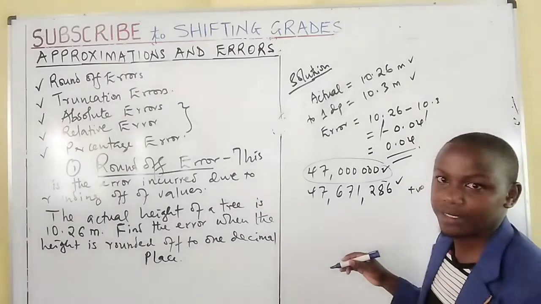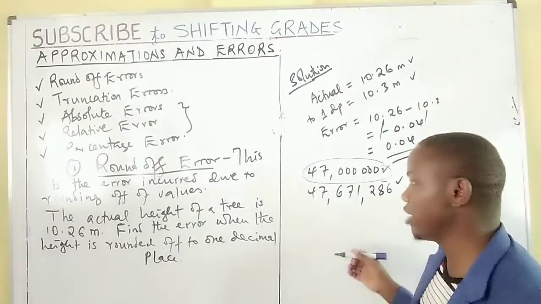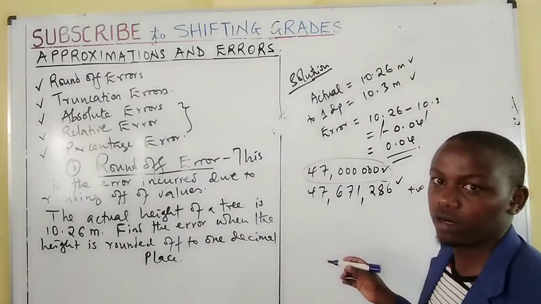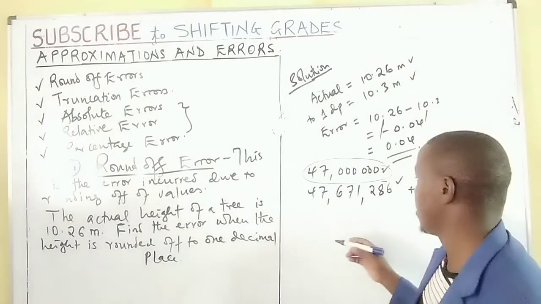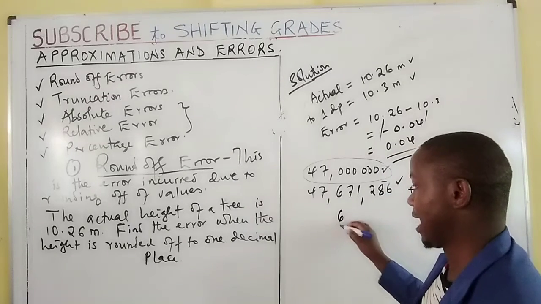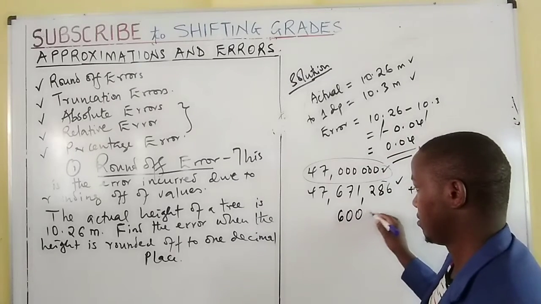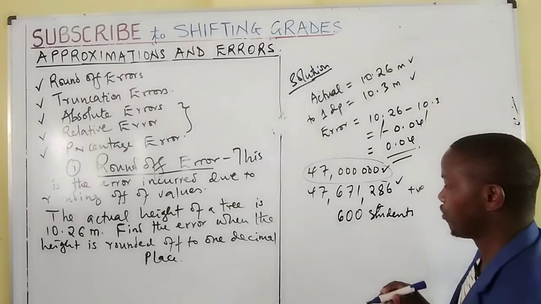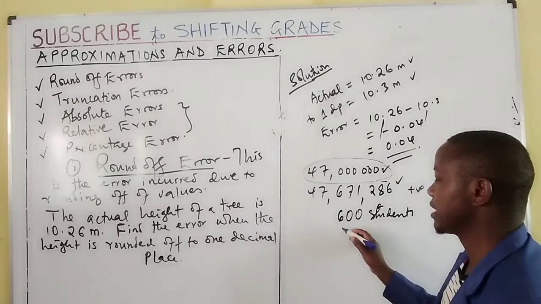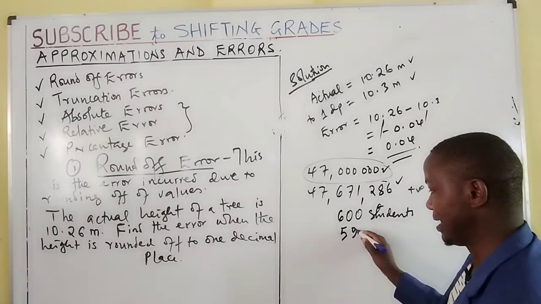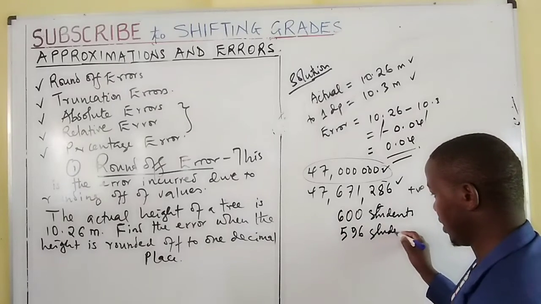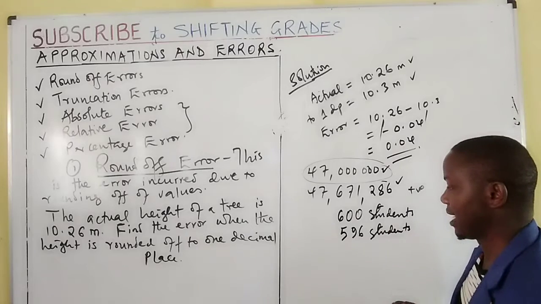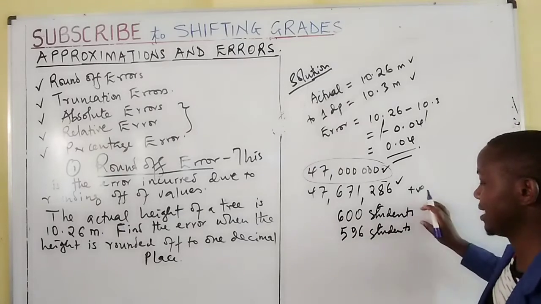On other terms, I may argue that the population of a school like Mukaga's is 600 students. But on the ground, you realize there are 596 students. Therefore, in this case, I have approximated 600.